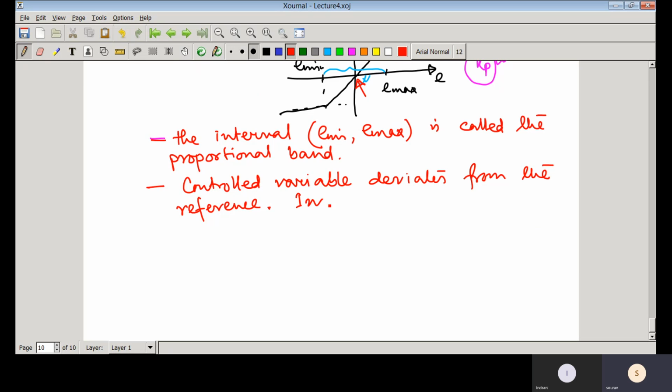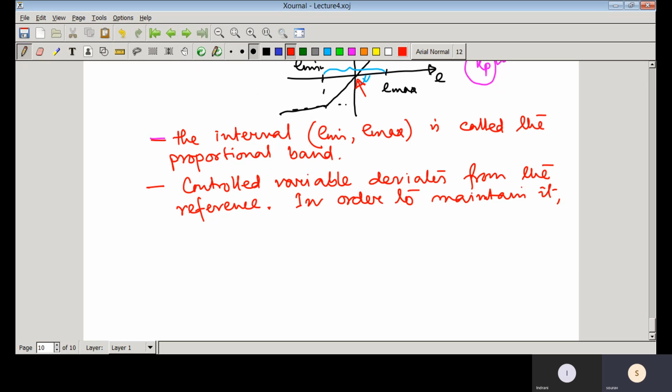So whenever the output y, that means the control variable, tracks that reference command, then error would be equal to 0.